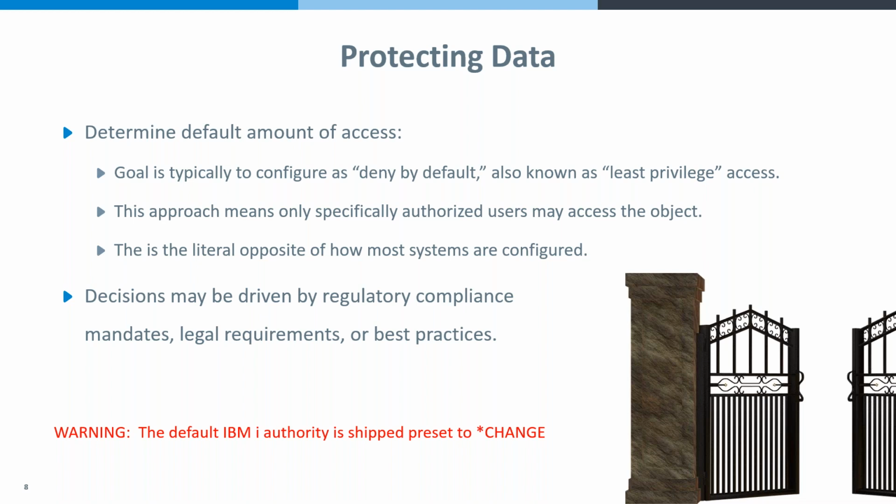Your decision making is potentially going to be driven by outside forces, whether that's a regulatory compliance mandate, whether it's some type of formal legal requirement, or you're just doing the right thing. The best practices are saying we can't have this system wide open. We need to have it in a kind of least privileged state.